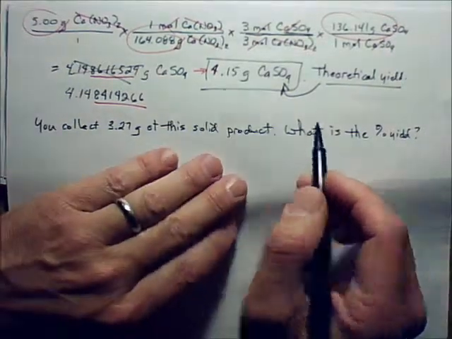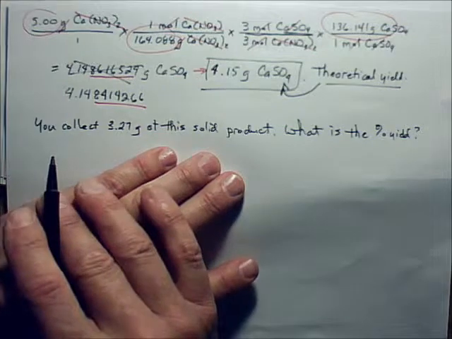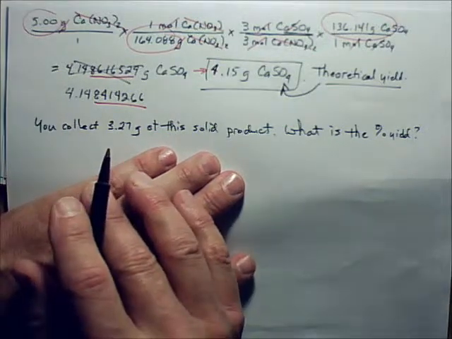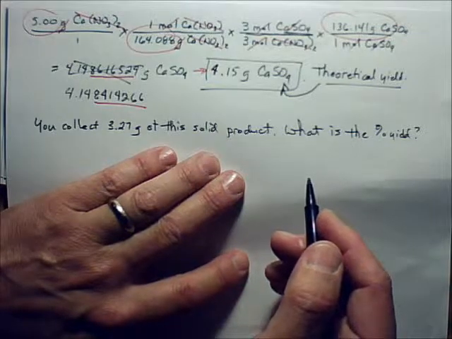4.15 is the maximum, so that's going to be 100%. So you divide by it. There you go. He nailed it. I agree. Okay, so what percentage are you going to get? Anybody done it yet?